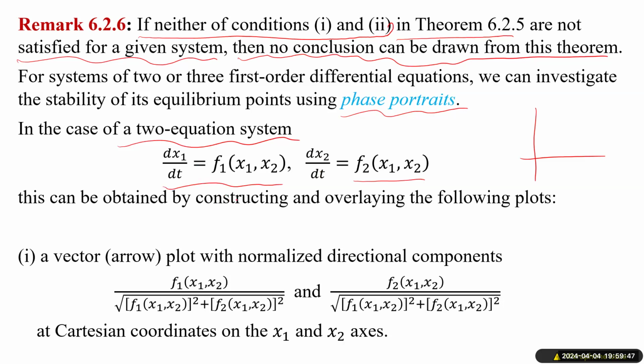The vector arrow plot with the normalized directional components. Of course, you know that one. How do we normalize the given vector? This is f1(x1, x2) over some norm. What is the norm? The norm here is the square root of f1 squared plus f2 squared. That is a norm in R squared. We call it a Euclidean norm.